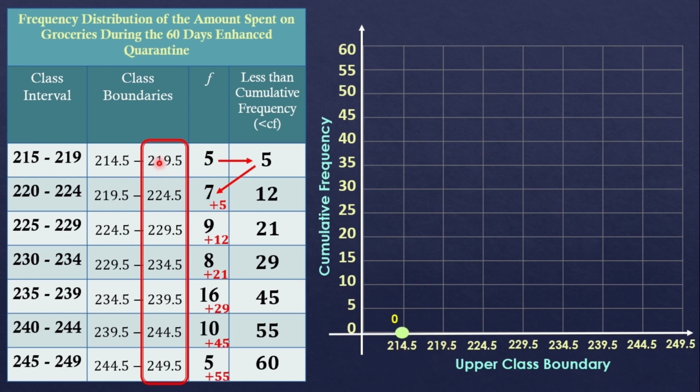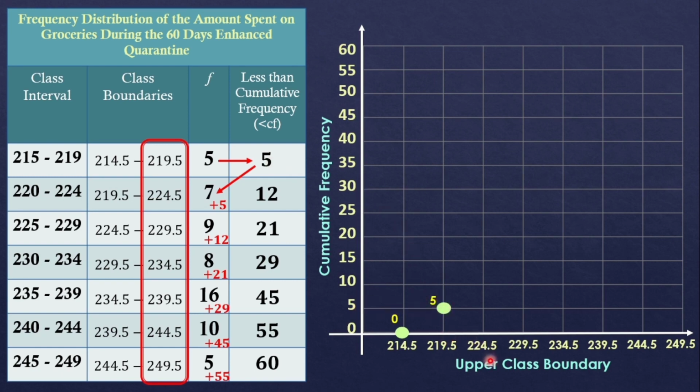So, we have 214.5, 219.5, 224.5, 229.5, 234.5, 239.5, and so on. Okay, so for 214.5, so that is 5. So, tapat natin siya sa 5.